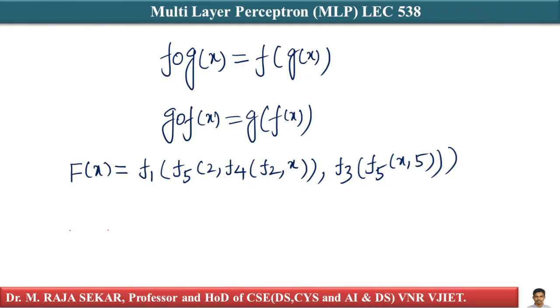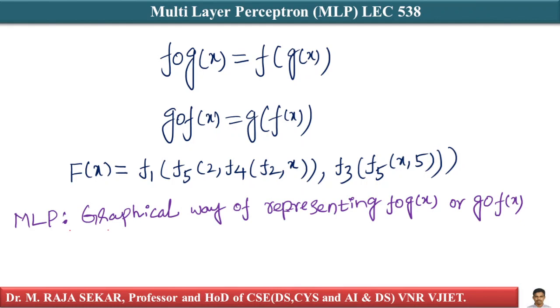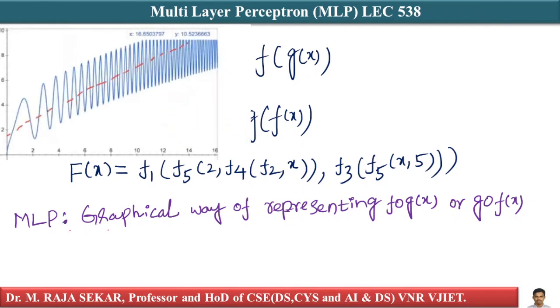So in a nutshell, a multi-layer perceptron is basically a graphical way of representing simple function composition, f circle g of x or g circle f of x. But it's done graphically and it is powerful because we have seen this complex function.